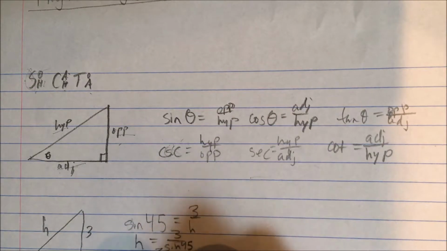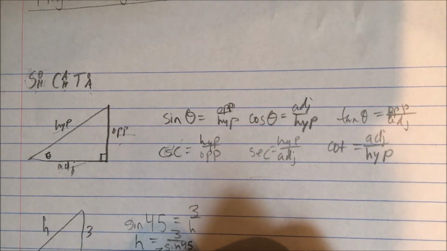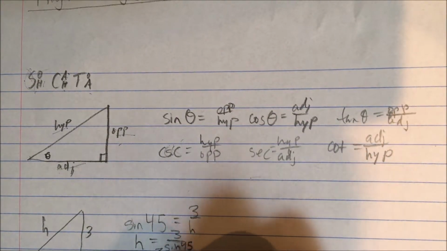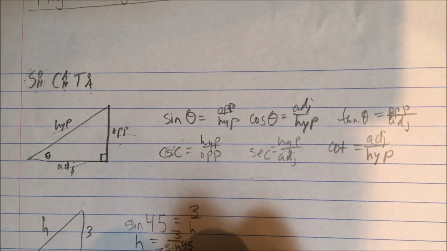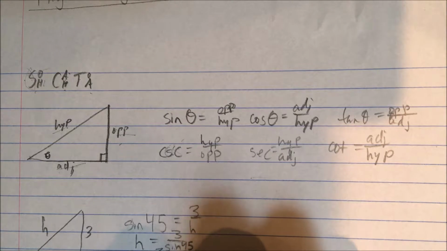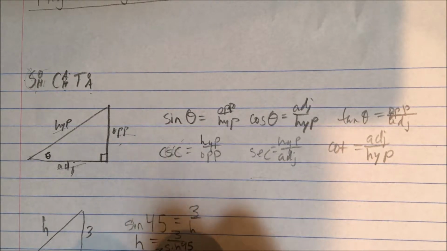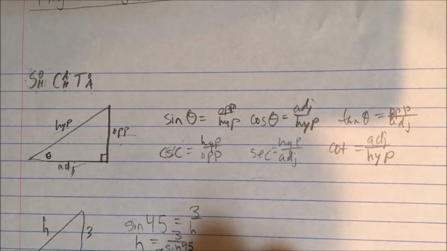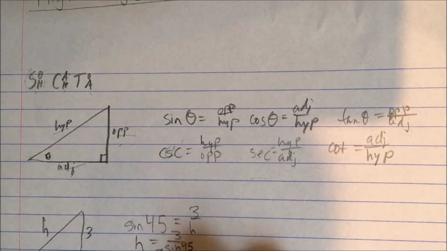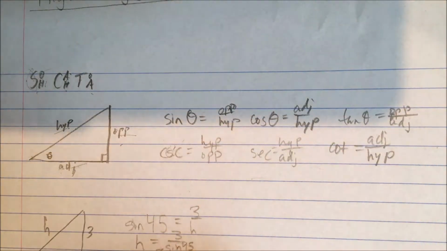And then we can simplify by multiplying by 2 over 2. h equals 6 over radical 2, multiply by radical 2 over radical 2. h equals 6 radical 2 over 2. And then we can simplify this and get h equals 3 radical 2.